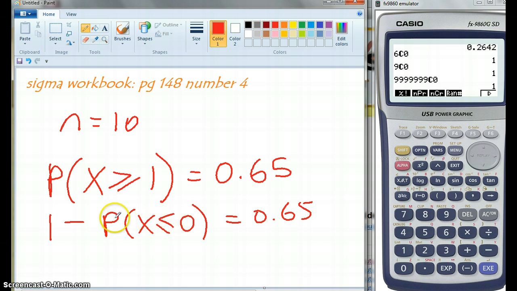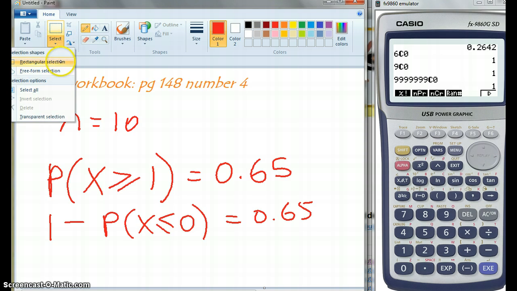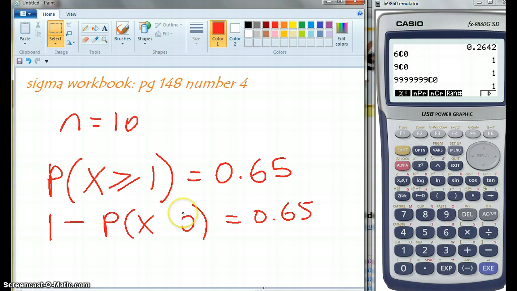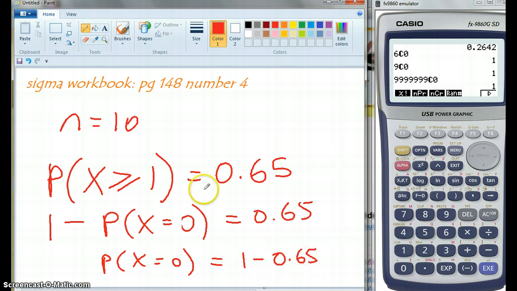Except the probability of x being less than or equal to 0 is actually the same as the probability of x equaling 0. So I know the probability of x equaling 0 equals 1 minus 0.65. There was some fancy algebra there.